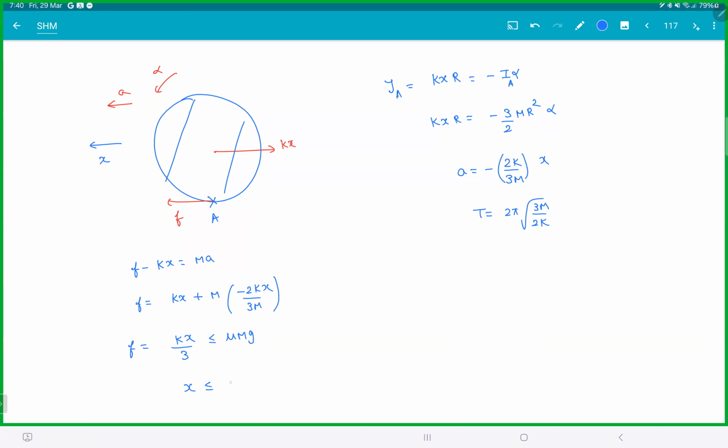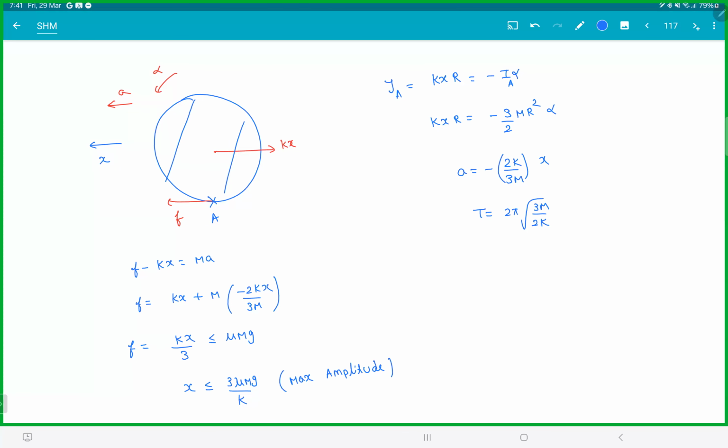Therefore, the maximum displacement you can have is 3 mu mg by k. If you try to stretch the spring more than this, the friction will exceed the mu mg value and the body will start slipping. So this is your maximum amplitude. You cannot stretch the spring more than this. Easy? Everyone got the logic here?